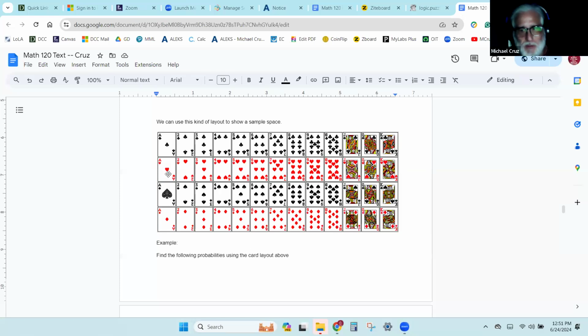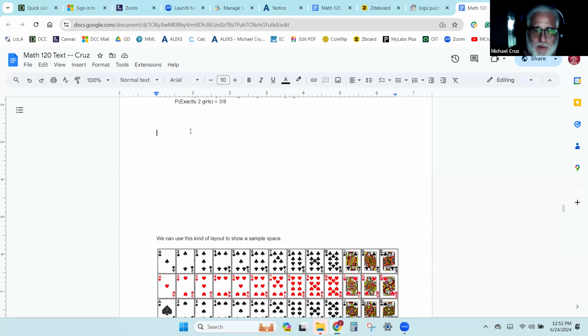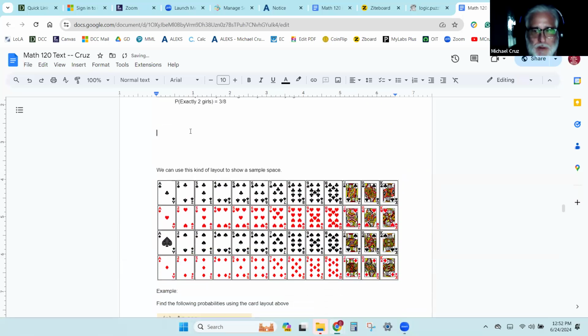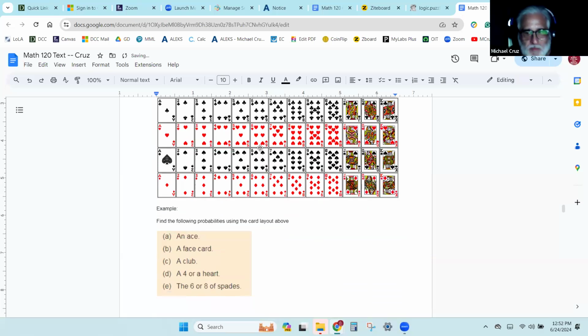And so the same thing with the hearts. There's 13 hearts, 13 spades, 13 diamonds. So 4 suits, each the same size. So here's what we're going to use for this. All right.